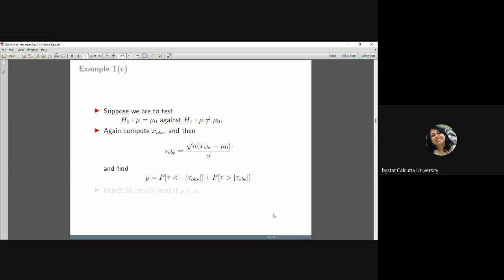The p-value will now have two terms: the probability of tau being less than minus mod tau obs plus the probability of tau being greater than mod tau obs, where mod tau obs denotes the absolute value of your observed tau without the sign. The decision rule is the same as before. You compare the p-value to the level of significance. If it is smaller, then you reject the null.